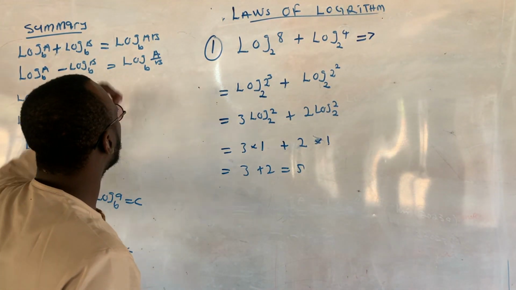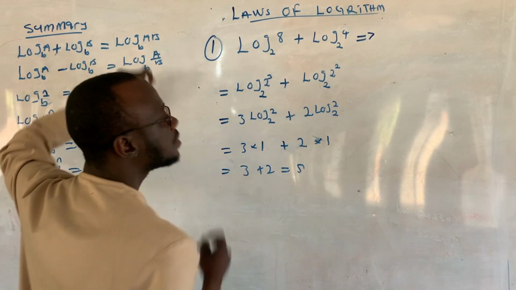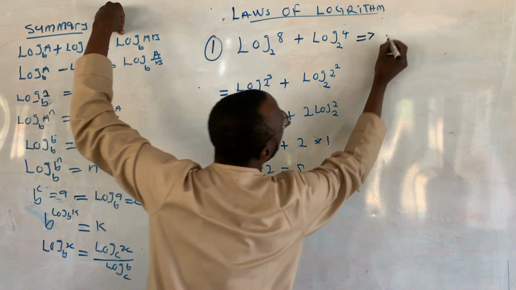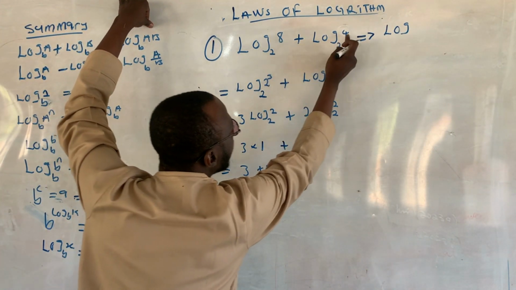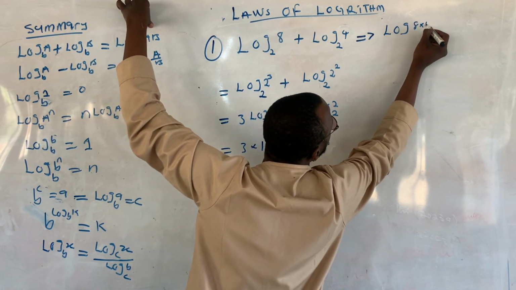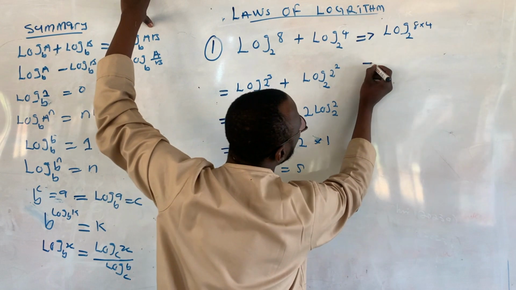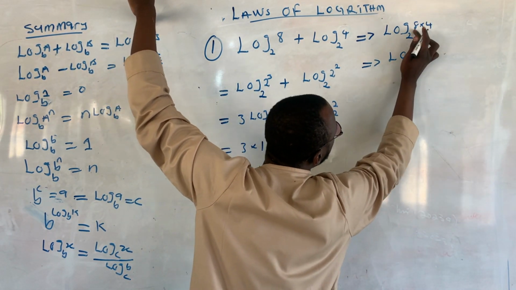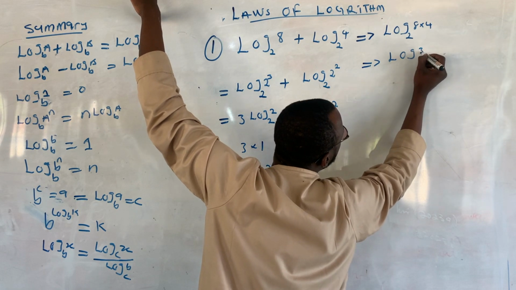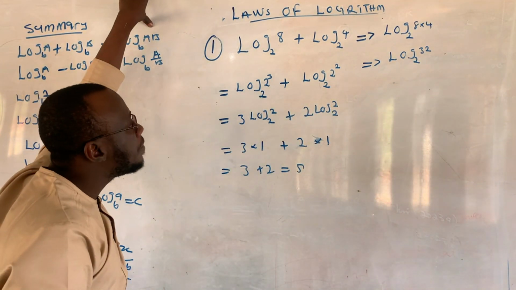The rule says that we multiply the numbers and carry only one base. From here we have log A times B, meaning 8 times 4 base 2, which is equivalent to log 32 base 2.